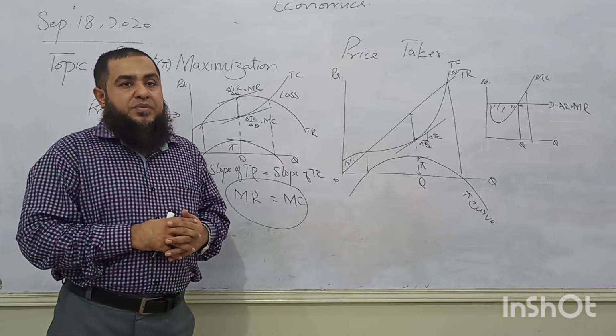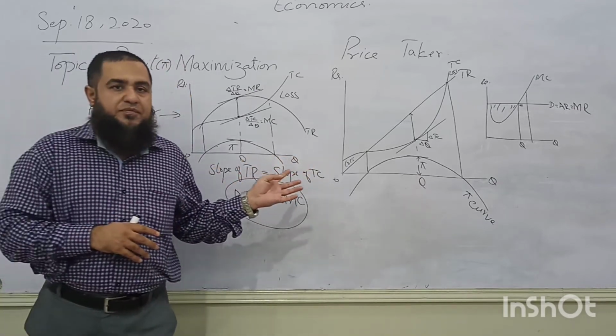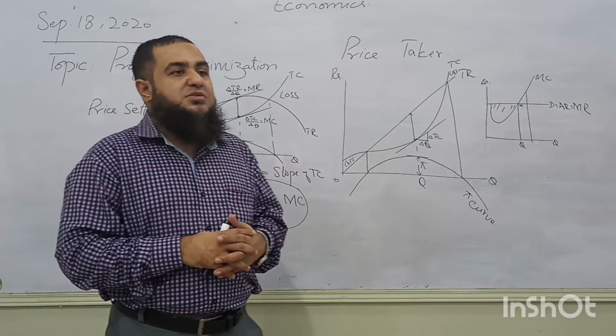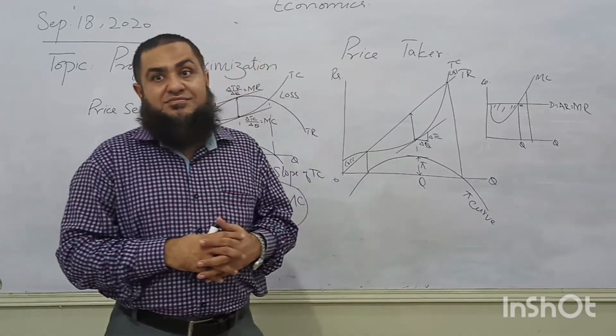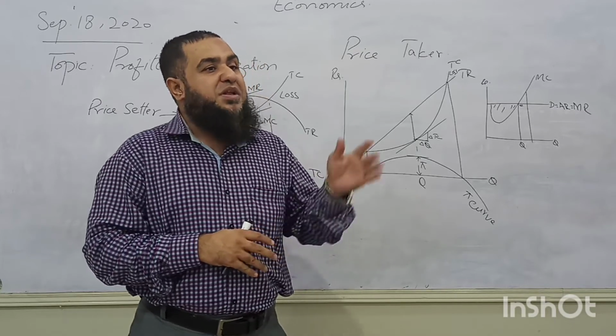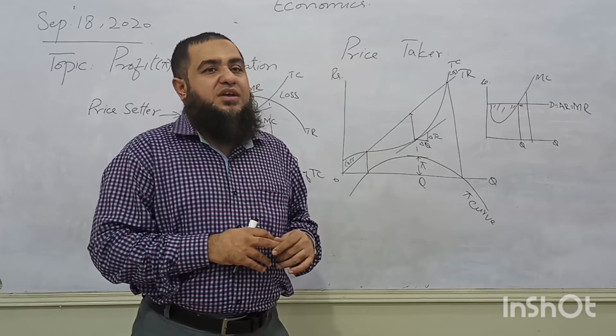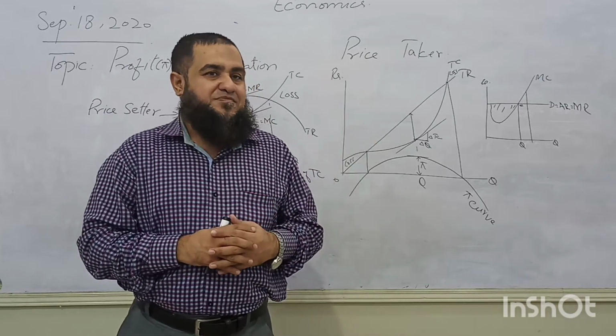The main point. Because sometimes a firm is not achieving the profit maximization level of output, but it is achieving the maximization of total sales revenue or total sales in the market. But sometimes the firm is minimizing the loss. Sometimes it is working for the welfare of the society.